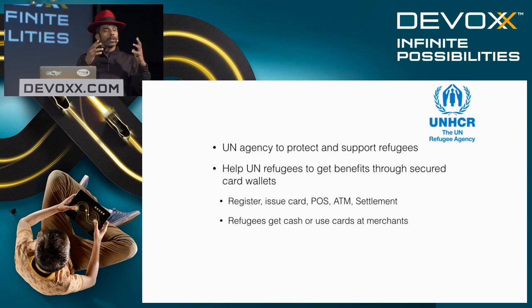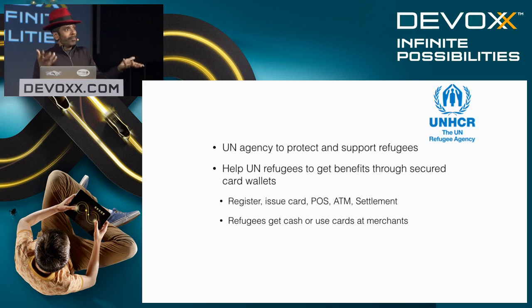The refugees actually get benefits through secure card wallets, and those wallets are issued to the refugees. The refugees can then take those cards and go to different points of service or ATM machines. Using that, they can either withdraw cash or buy products from specified, predefined merchants.